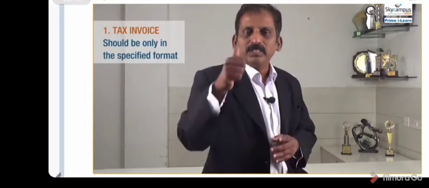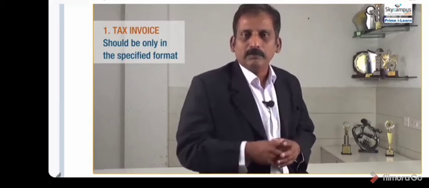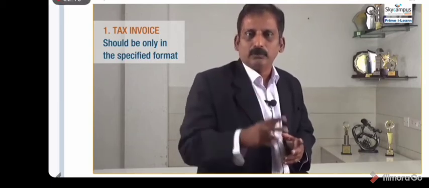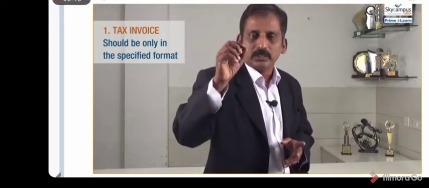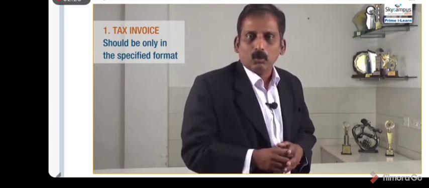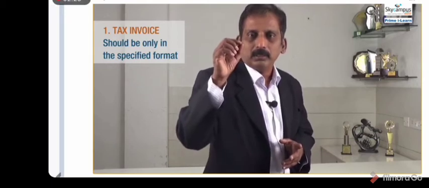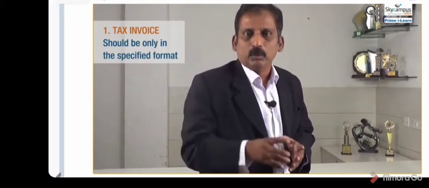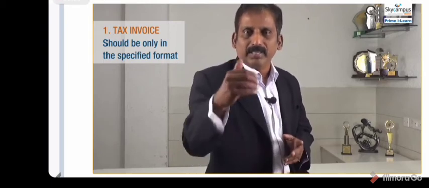Let me give you a numerical example for you to appreciate this point. The numbers that I'm going to talk about are only illustrative in nature. There may hardly be any relationship between the two numbers. Let us say there is a public accounting firm which invoices rupees 100 lakhs in a particular month.